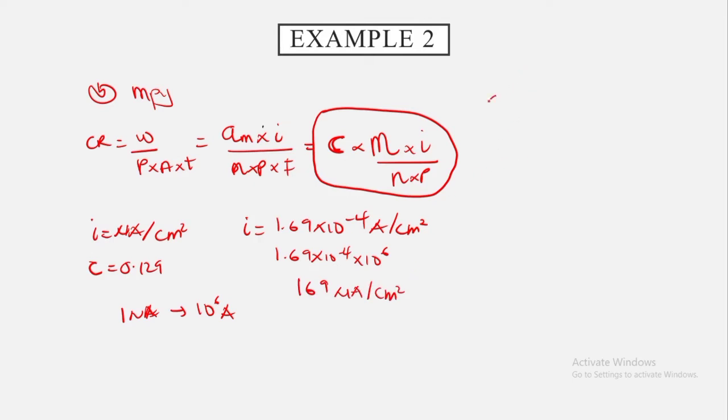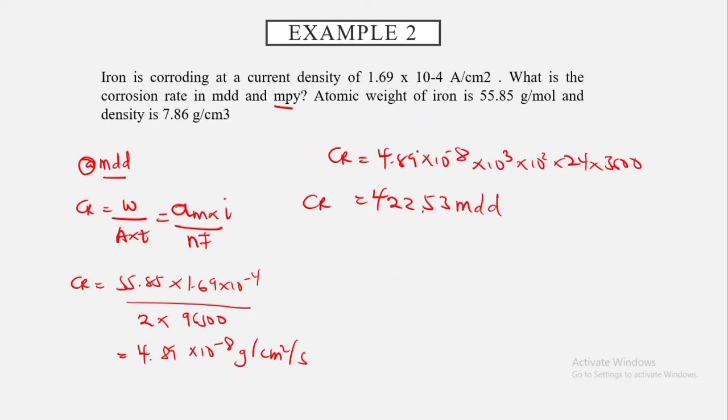You come back, your CR will be equal to what? 0.129 multiplying the molar mass, which was 55.85, times 169, which is the corrosion current density in microamps, all over the number of electrons transferred, which is 2, times density 7.86. Let me confirm the density. Yeah, 7.86.